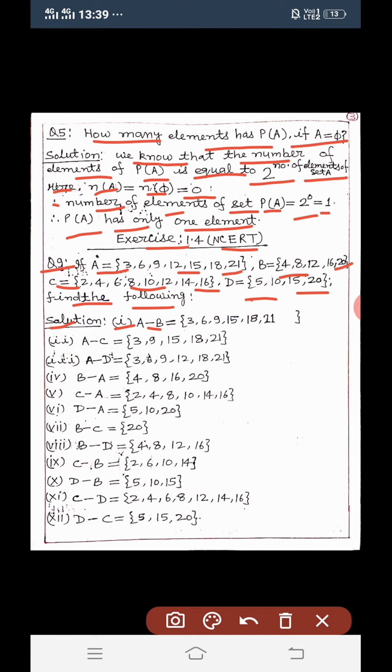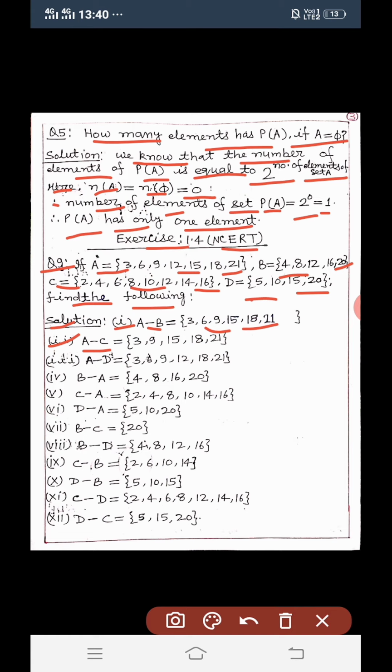In B, the element 12 is in B as well as in A. So we subtract this element from set A, we get A minus B equal to {3, 6, 9, 15, 18, 21}. Second, A minus C means from set A we subtract those elements of set C which are in set A also.